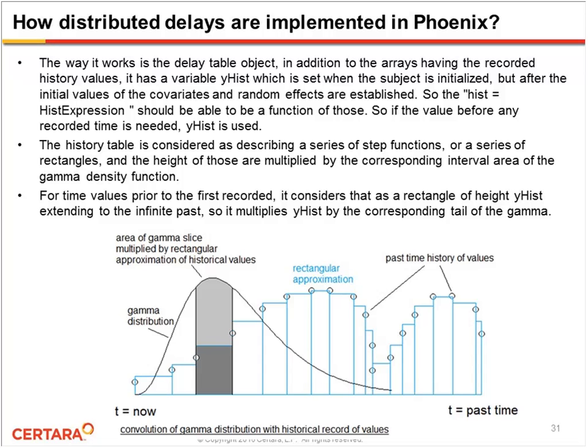And that's kind of how it works. The history table is considered as a series of step functions or a series of rectangles, and those heights are multiplied by the corresponding interval under the gamma density function. So I'm sure that's clear as mud, but let's see if people have any more questions.